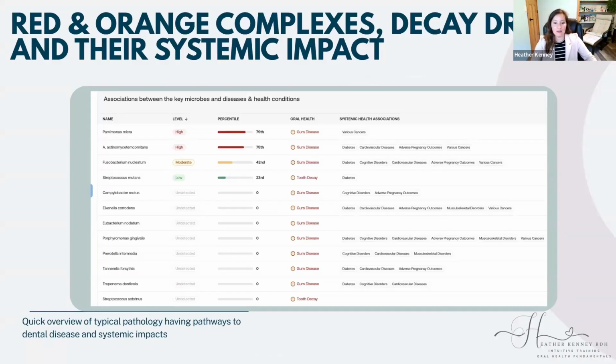And it's really cool because it gives you the systemic health associations tied to the bacteria that are present, the level of how that plays as far as risk factor is listed, and then the percentile is there as well. If you're in the 79th percentile, that means you made it to the 79th percentile of all the tests for that type of bacteria. So the percentile is giving you an idea of how you are in the risk category.